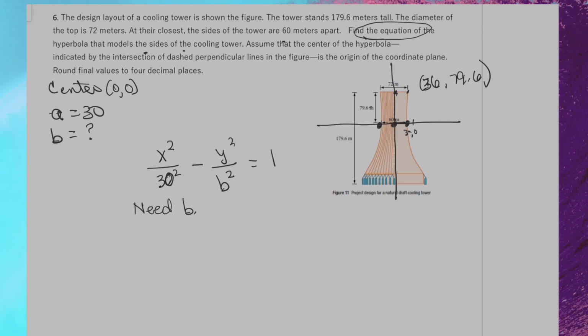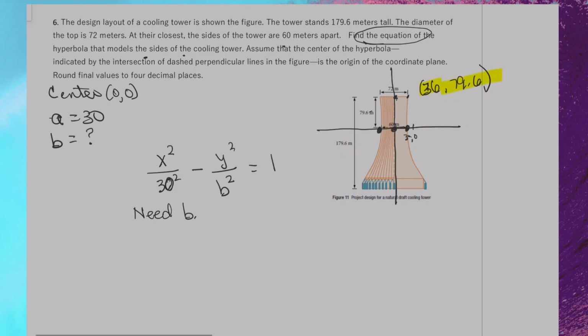Since they gave us a data point to work with, well, they didn't really give it to us, but it's shown, we're going to use that. If I plug in 36 for x, I have to get 79.6 for y. And since those could go here and here, the only variable left would be b squared, and I can solve for that. So let's do that so we know b.